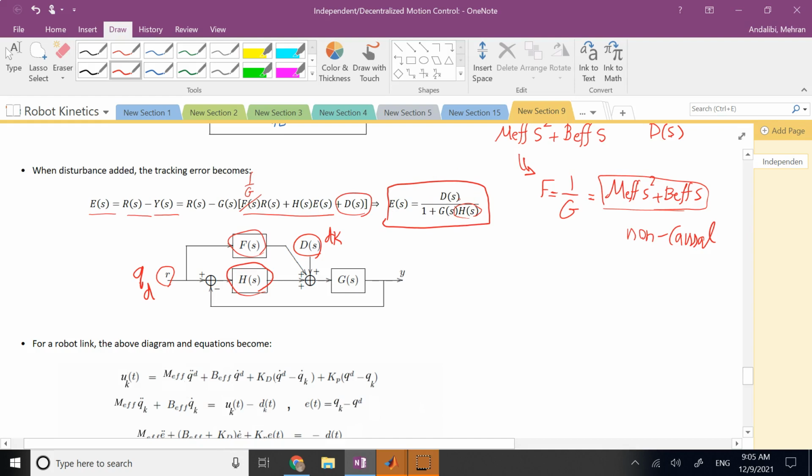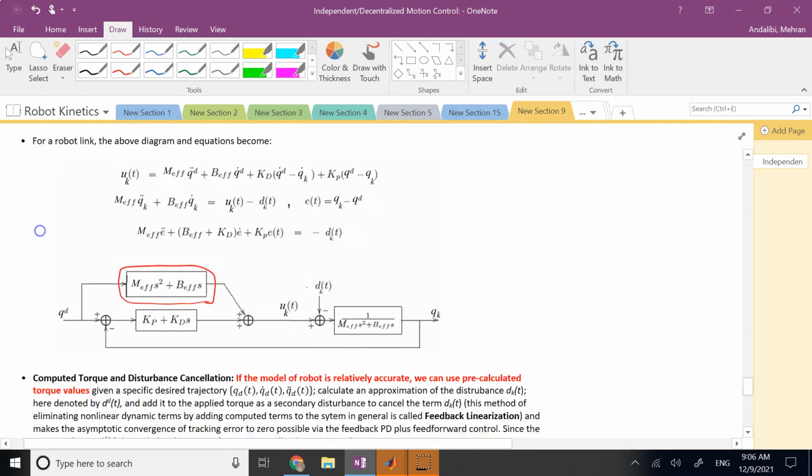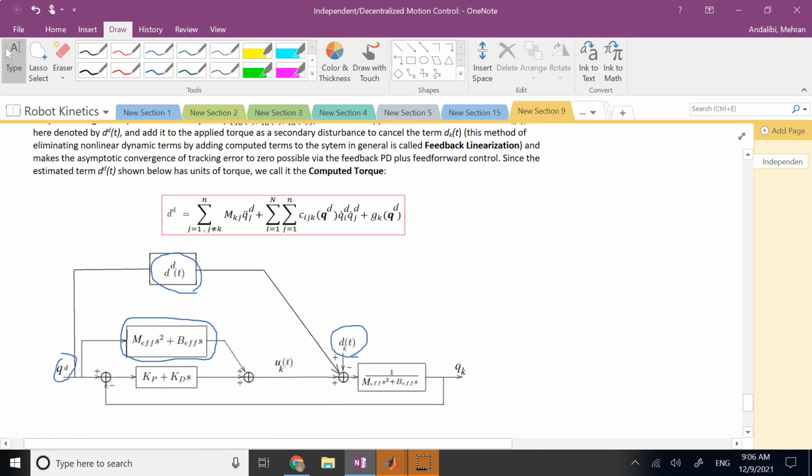This is my idea. Since I cannot get rid of D through selection of F and H, why don't I bring one extra input, call it DD, where this DD is to estimate DK very closely.